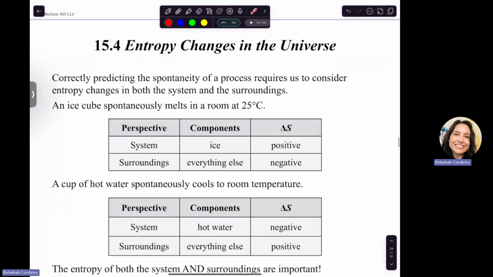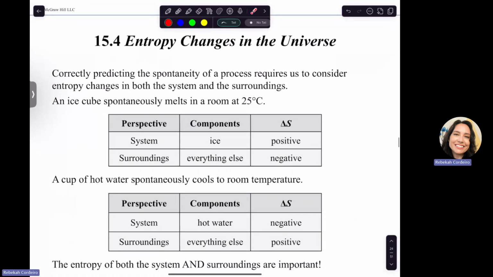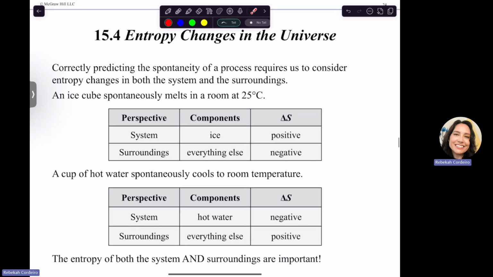And then our last section for this video is entropy changes in the universe. The universe is constantly increasing in entropy. So if the system is showing a positive change in entropy, the surroundings are going to be negative.